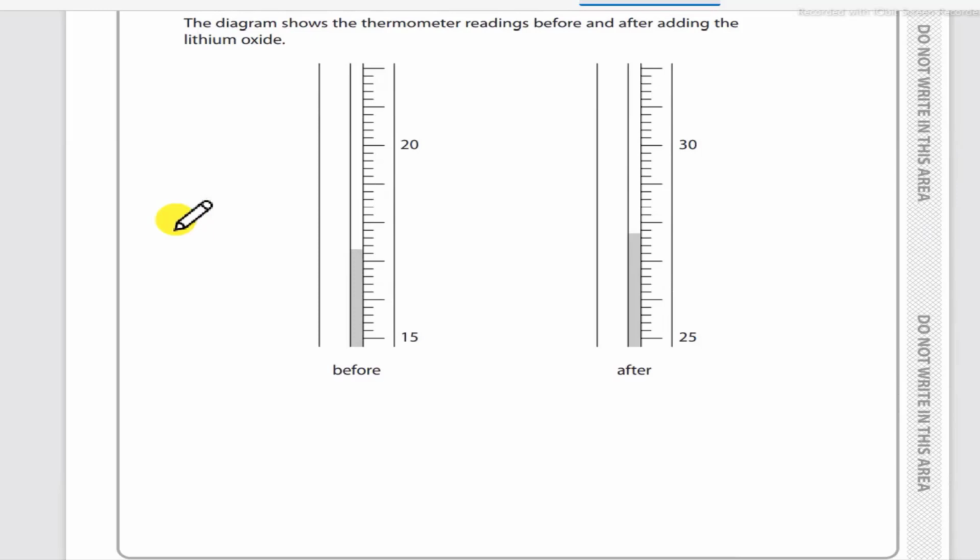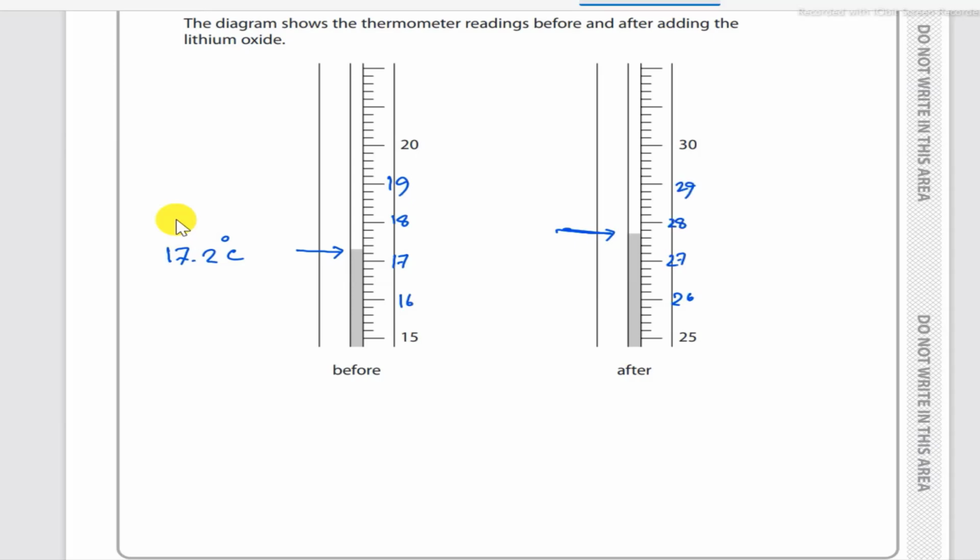So before, it is 16, 17, 18, 19, 20. So before, 17.2 degrees Celsius, and after adding lithium oxide, the temperature becomes 26, 27, 28, 29.